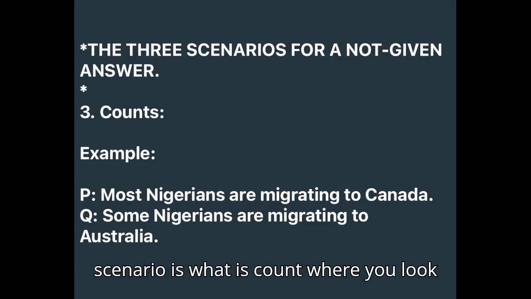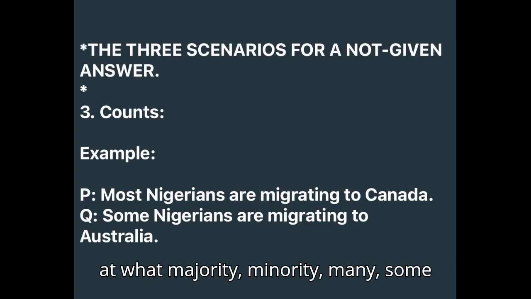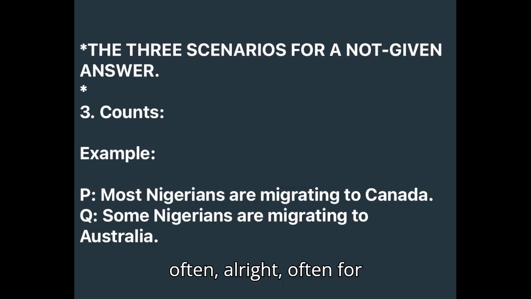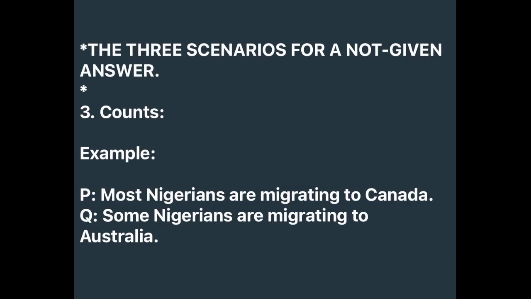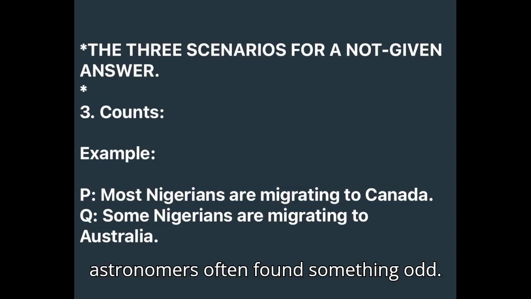And I said the third scenario is count, where you look at majority, minority, many, some, often. All right? Often. For instance, now let me just add one more question to this. Let's say, each time there's space exploration, astronomers often found something odd.